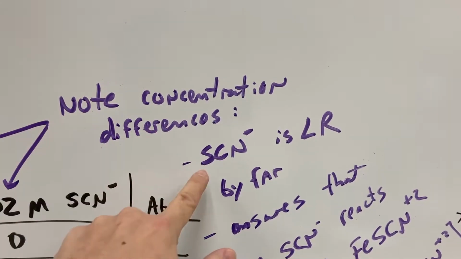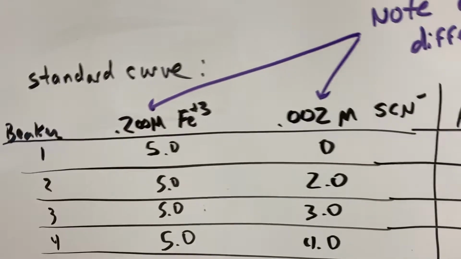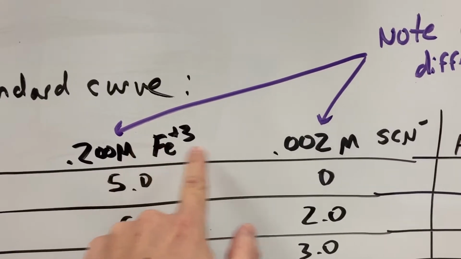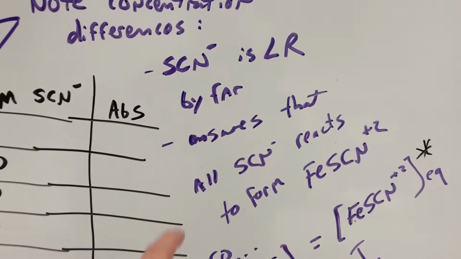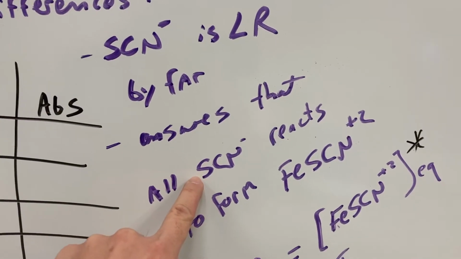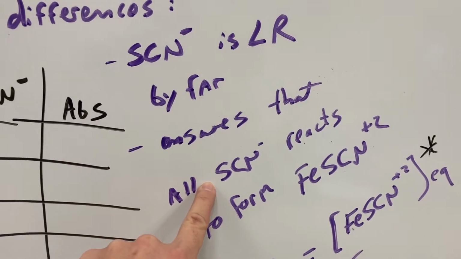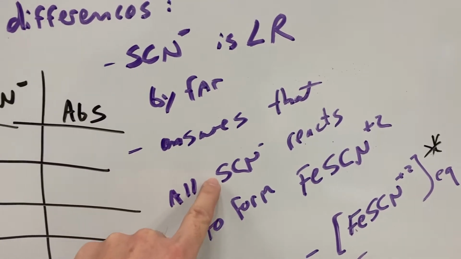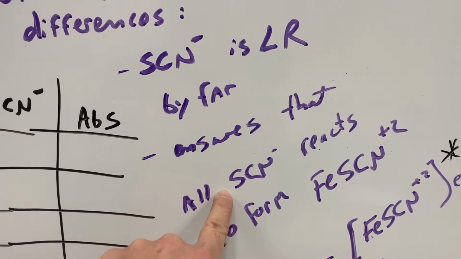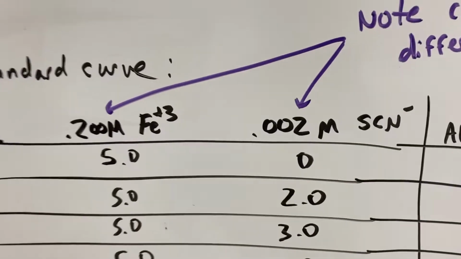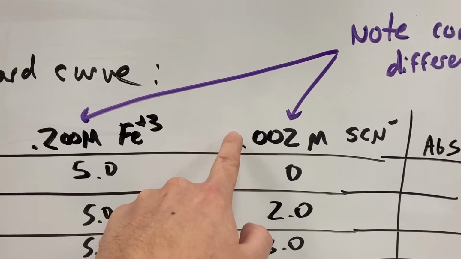By far, it's going to be the limiting reactant. Like we said, the ratio is 100 times of iron compared to thiocyanate. And the reason why we're doing that is that's going to ensure that all of the thiocyanate reacts. Whenever there's a huge disproportionality between the two reactants, we're ensuring that the one in smaller concentration is completely consumed.